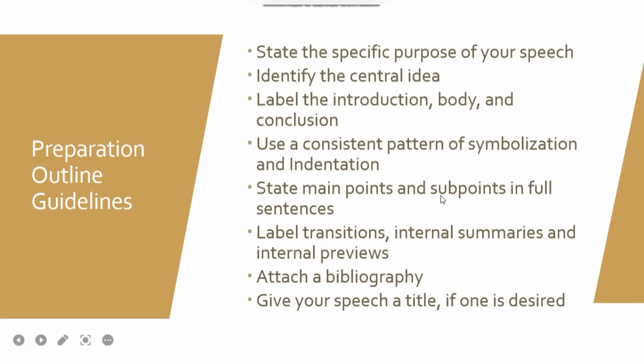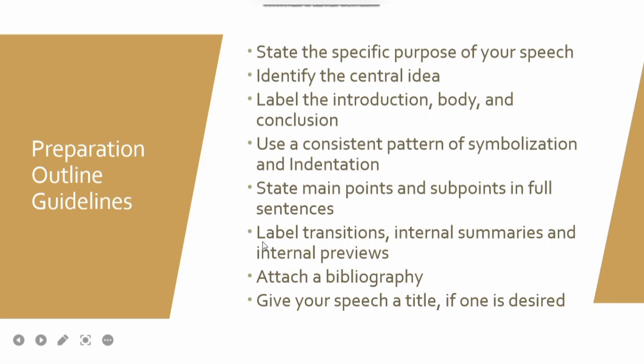Next, state the main points and subpoints in full sentences. You have to write the points and also subpoints in full sentences. Since this is the preparation outline, unlike the speaking outline, you have to write it in full sentences to let you know how the ideas flow, how the ideas go well.